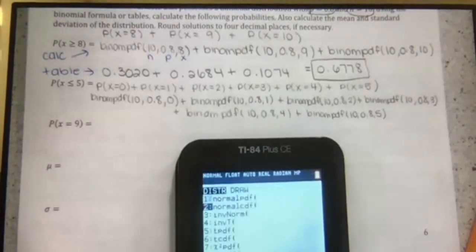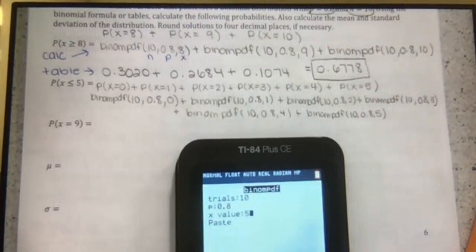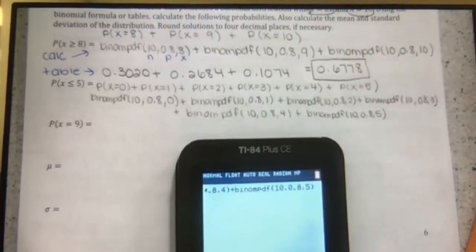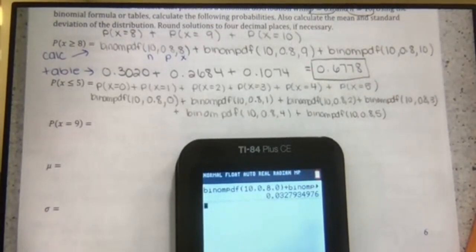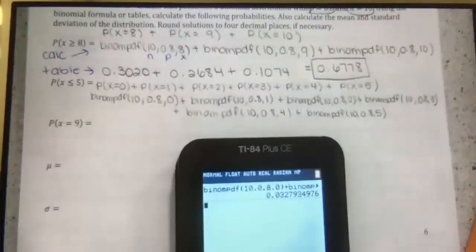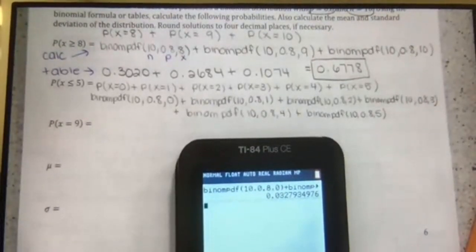Almost done. Second vars, binom PDF, when x is 5. And pressing enter, that will give you your answer at 0.03279, which will round up to 0.0328.